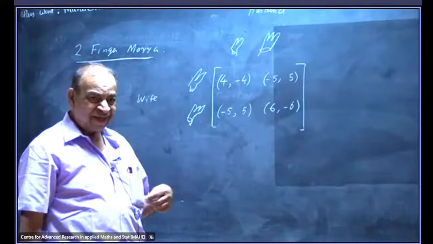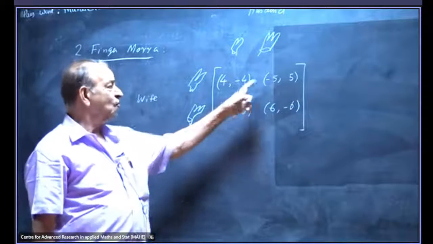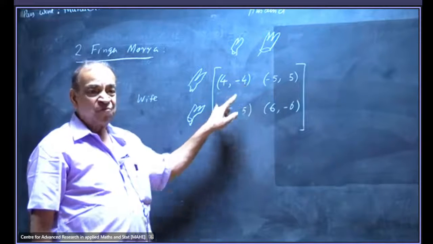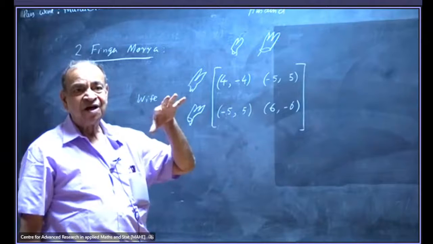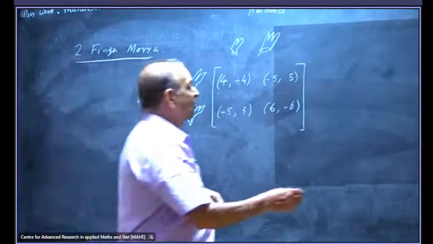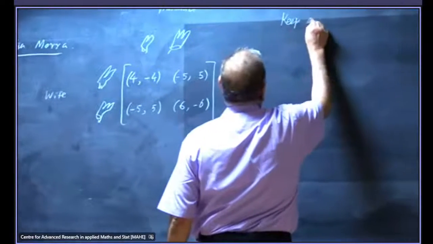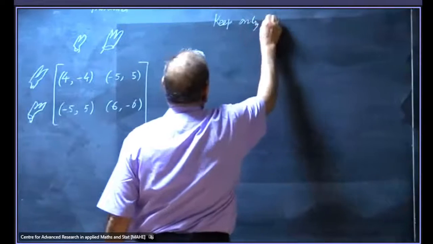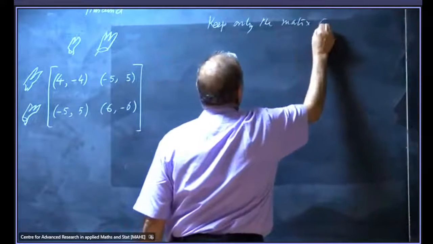So in the zero sum case, because you know what the other number is, you keep only one matrix. You always keep the matrix for the first player, the row player. Keep only the matrix for the row player.